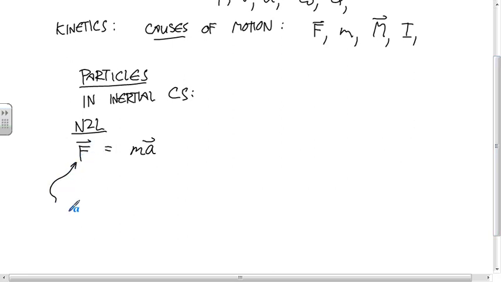This F I'll write as the sum of external force vectors, and remember you have to keep in mind that this is on some chosen object.